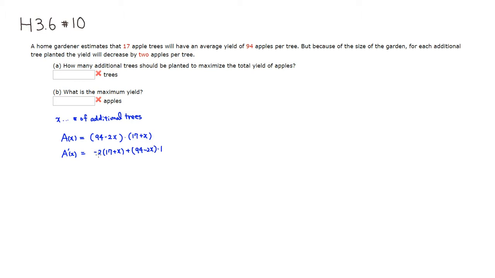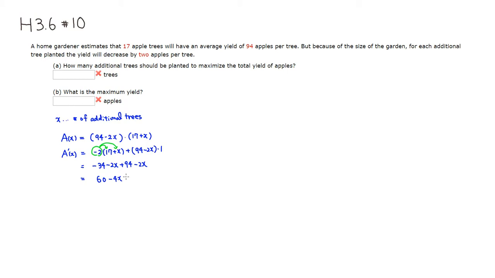Then I distribute negative 2 to 17 and x, so we get negative 34 minus 2x plus 94 minus 2x. Negative 34 plus 94 is 60, and minus 2x minus 2x is minus 4x.